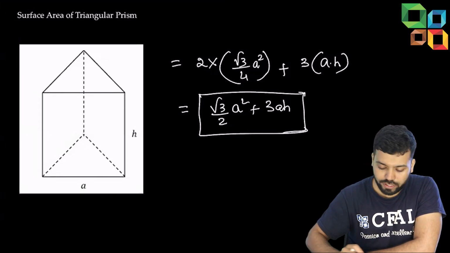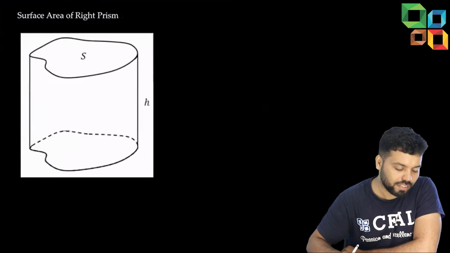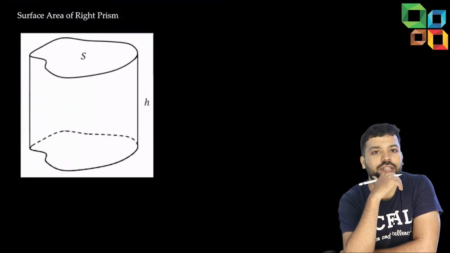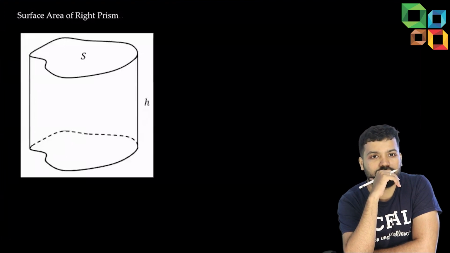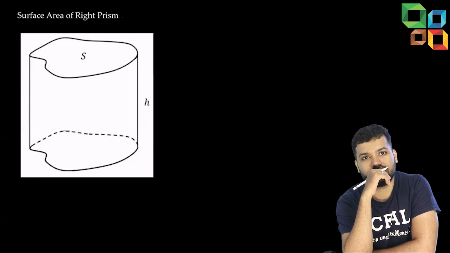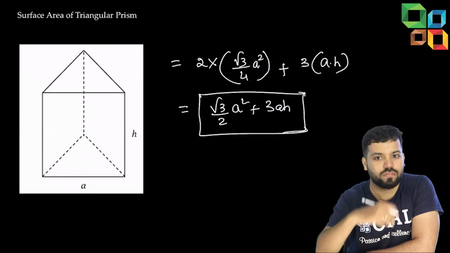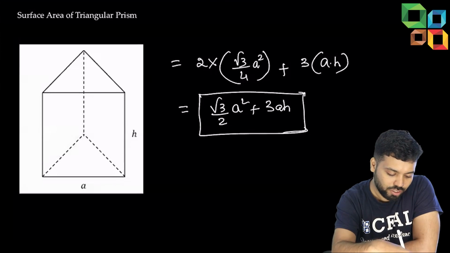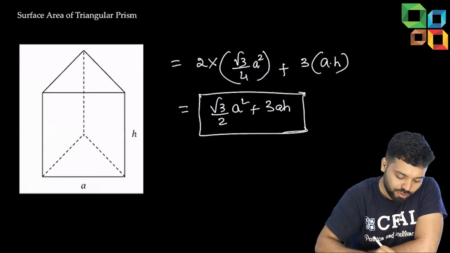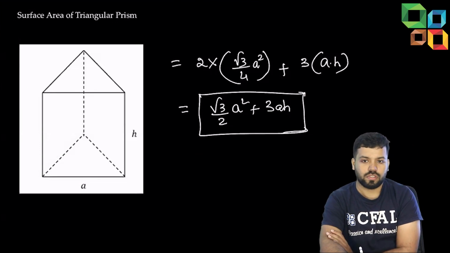Okay. We'll see one more thing. Surface area of a right prism. How to get the surface area of a right prism? So if you have doubts, this is the formula.